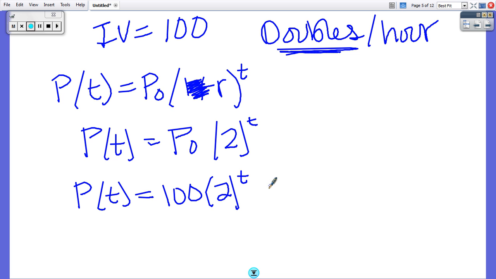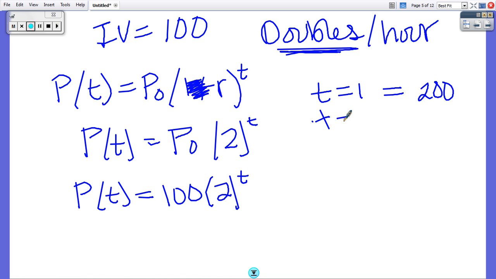And then we know that when t is 1, so after 1 hour, our bacteria population is going to be 200. I put 1 in here, and multiplying 2 times 100, I get 200.